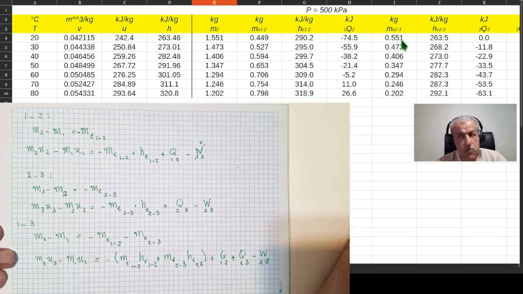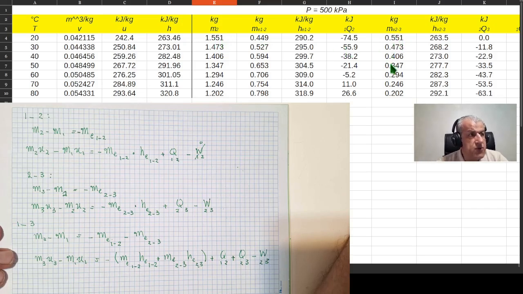It was 2 kilograms, 1.551 was left at point 2, and at point 3 it would be 1. So 0.551 kilogram should leave between 2 and 3.